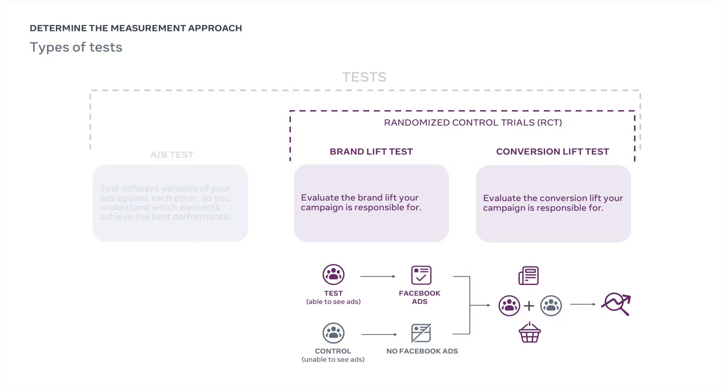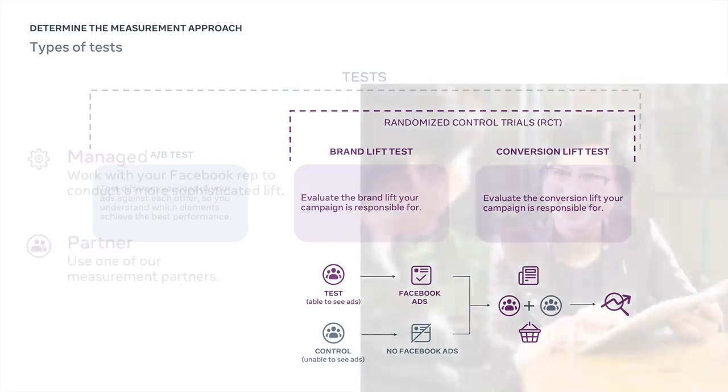Meanwhile, one or more don't receive the treatment, and we call these control groups. The control provides a standard of comparison and can represent a standard practice, a placebo, or no treatment. Facebook offers 2 types of self-serve RCTs: brand lift test and conversion lift test. Brand lift tests measure brand lift, and conversion lift tests measure conversion lift.